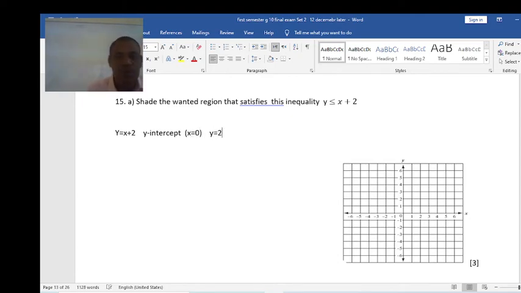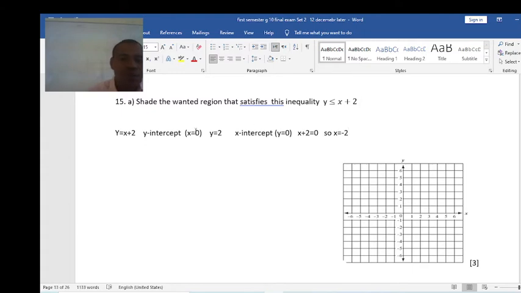Then for the x-intercept, the y should be equal to 0. When y equals 0, x is minus 2. Why? Because you will make x plus 2 equal 0. Then you will transfer plus 2 to the right hand side. Therefore x is equal to negative 2.